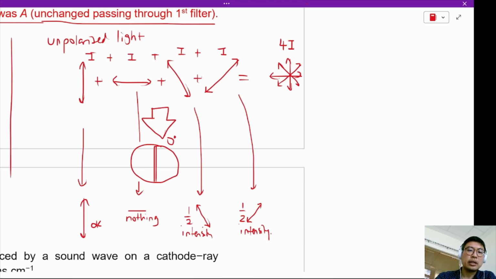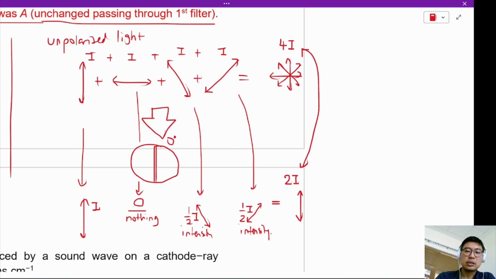When you pass the unpolarized light through a polarizing filter, which is vertical, 0 degrees, the vertical light passes through unchanged, with intensity I. Horizontal light passes through with intensity 0, and light that is at 45 degrees passes through with intensity half I, thus giving rise to a vertically polarized light with intensity of only 2I. So you can see that the intensity has halved.